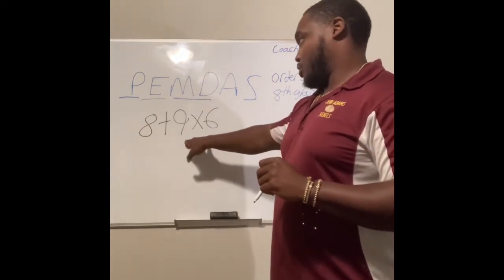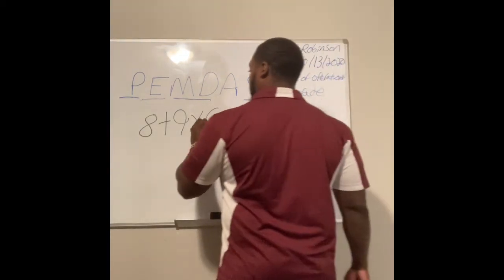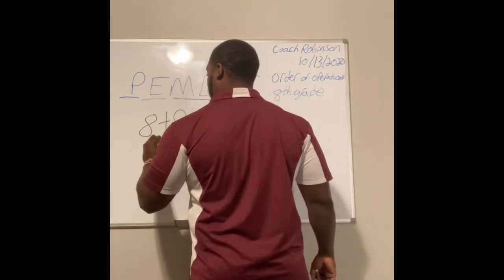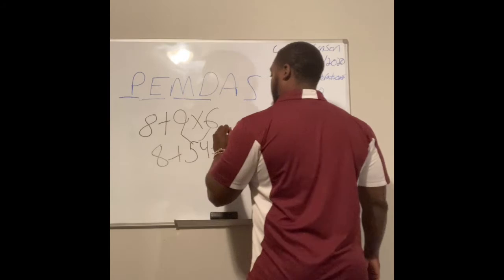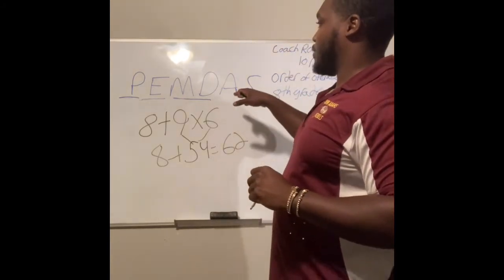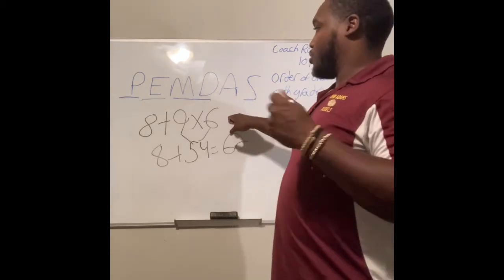So in a situation like this, you want to multiply first. So 9 times 6 is 54. You want to drop your 8. 54 plus 8 is 62. Okay? So sometimes even if addition comes first, you still want to multiply first to get the order of operation.